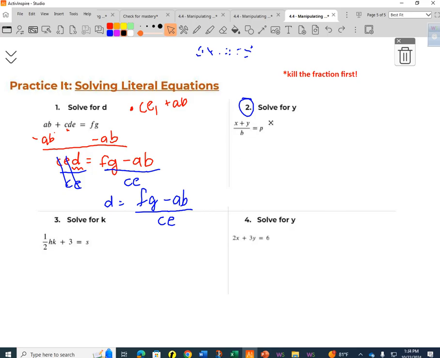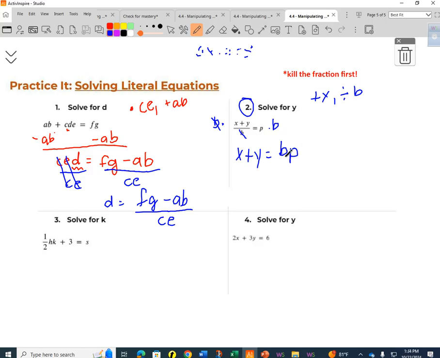We're adding x to the variable, and it's being divided by b. But in this case, we're not going to undo the adding or subtracting first because it's part of a fraction. We're going to multiply both sides by b first. These are going to simplify to 1, which gives me 1 times x plus y. And t times b, I'm going to write it as bt.